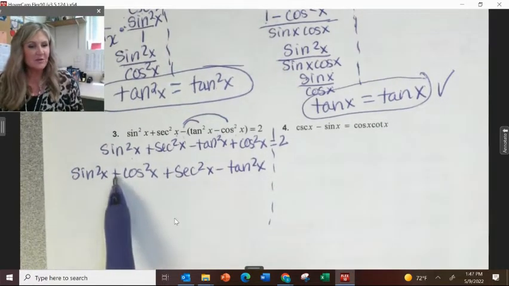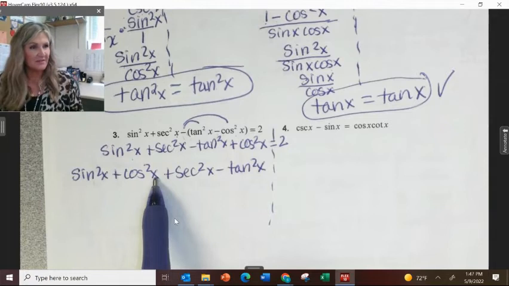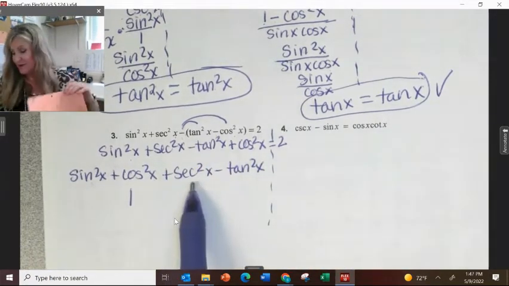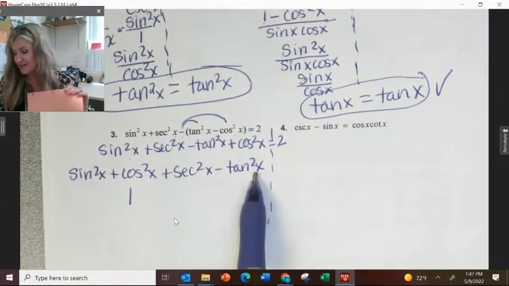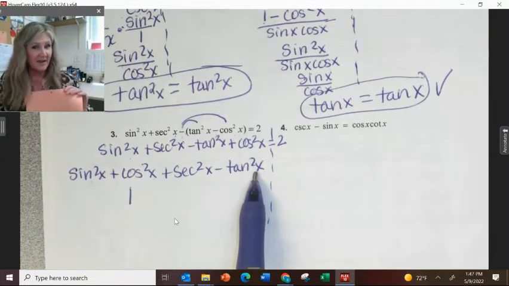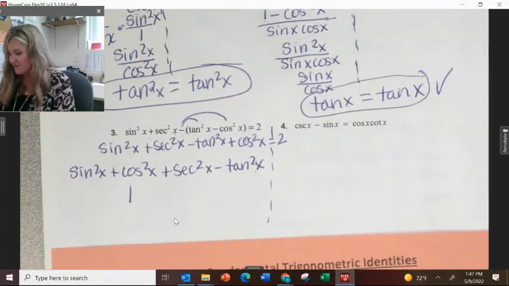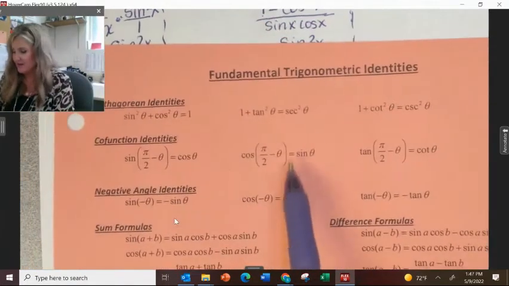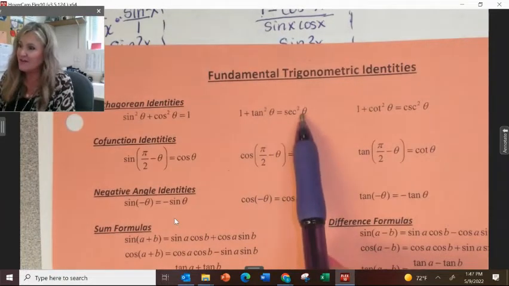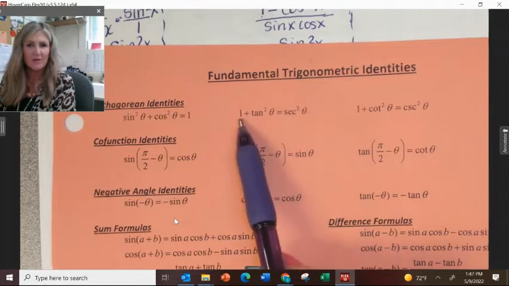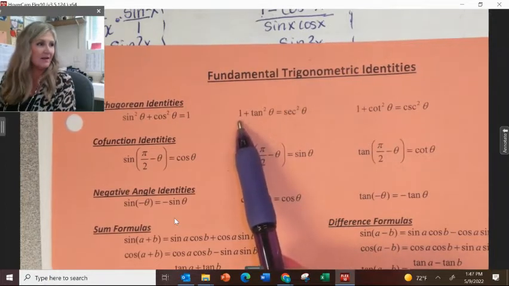What is sine squared x plus cosine squared x? 1. All right, let's look at our paper. What do we hope secant squared x minus tangent squared x is? 1. That's what our hope is, and let's look. If I have secant squared of an angle minus tangent squared of an angle, will that be equal to 1?